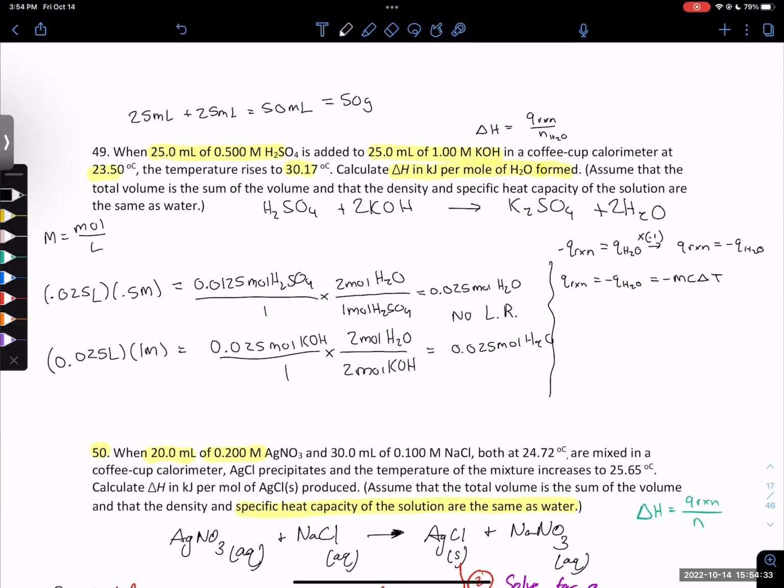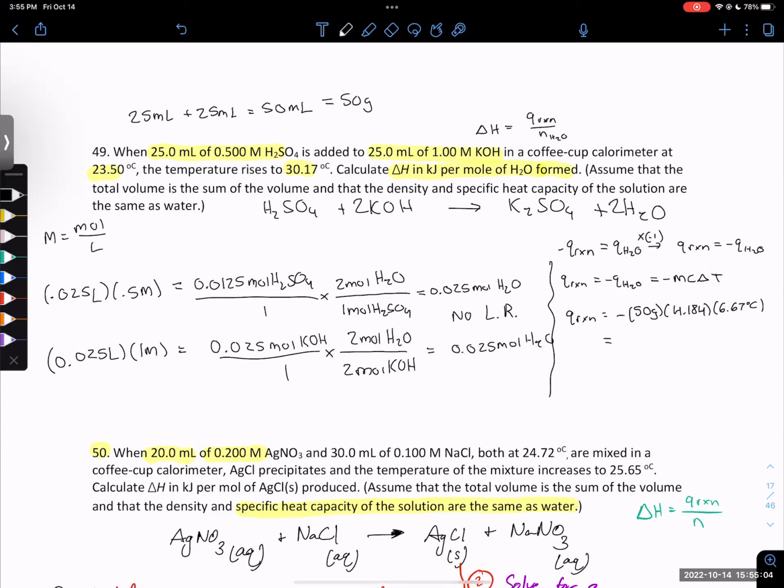If we plug in everything we have, we get Q reaction equals negative the mass of the water, which we said was 50 grams because we used the density, times the specific heat, which is 4.184, times the delta T, which is final, 30.17, minus initial, 23.5, and you should get 6.67 degrees Celsius.